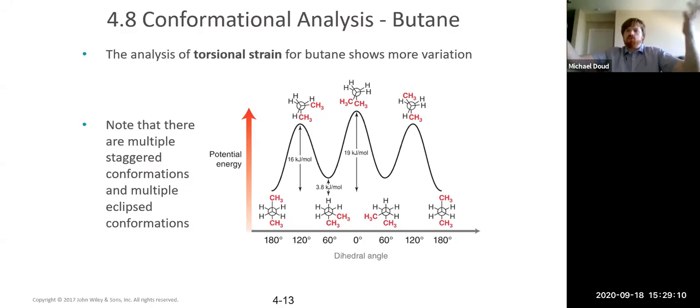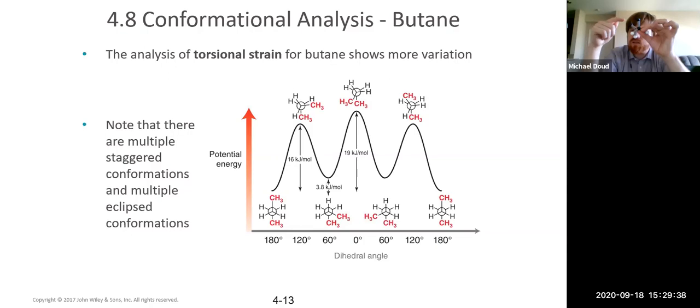As you can imagine, methyl groups are much bigger than the hydrogens we were talking about before. So they take up more space, they're going to cause more repulsion, they're bigger clouds of electrons. So that's going to be a problem. And sure enough, that accounts for an additional 3 kilojoules per mole of strain that we see on this eclipsed versus this eclipsed. Now we go back around and everything else is symmetrical like you would expect.